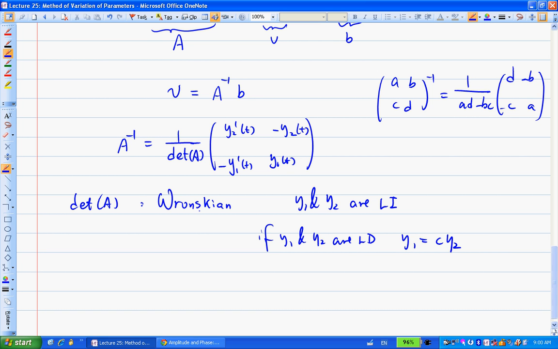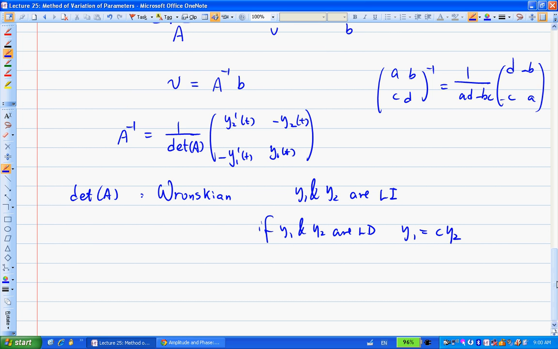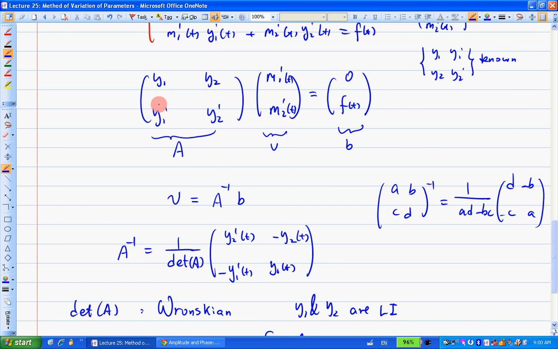So this is an additional thing, right? For example, if I ask you to check whether y1 and y2 are linearly dependent, we can form a matrix like this and look at the determinant of this matrix. If this determinant is 0, then they're linearly dependent. Non-zero.